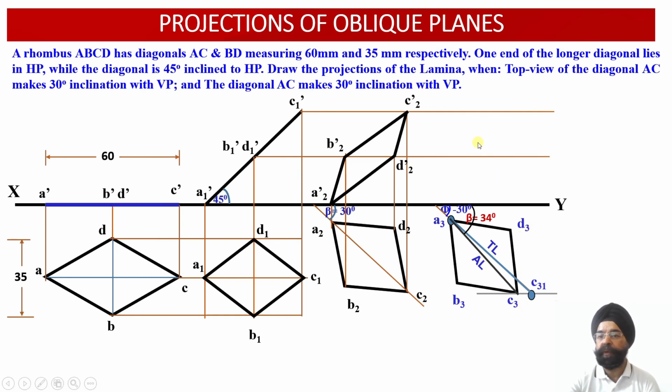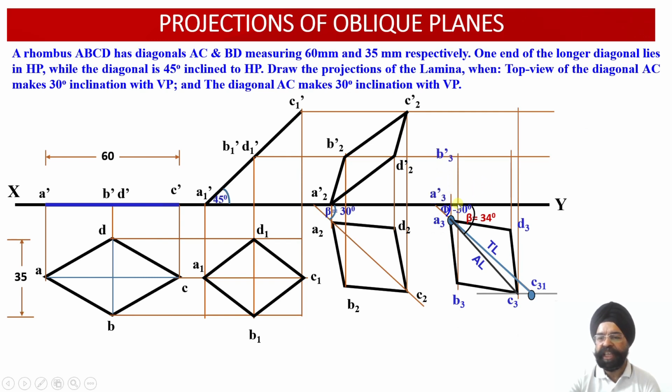Now the sixth view is always the corresponding view. So once again, we'll draw the vertical projectors through A3, B3, C3, D3, and draw the horizontal projectors through A1 dash, B1 dash, D1 dash, and C1 dash, and work out the points of intersection.